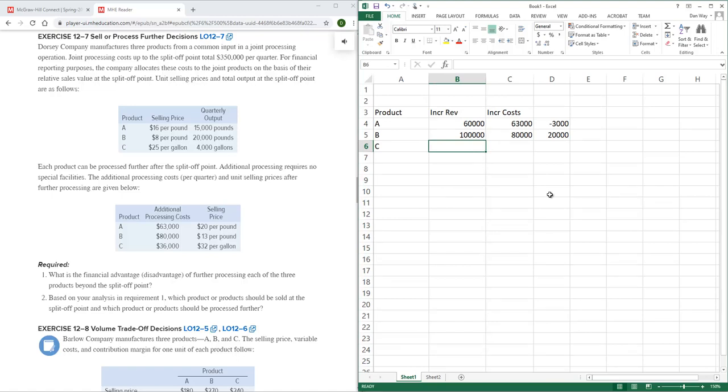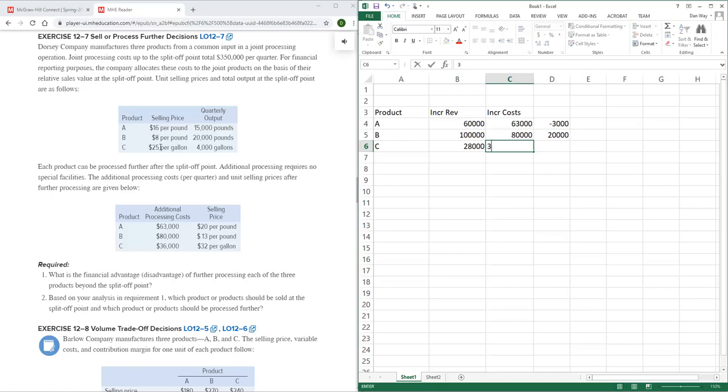And then product C, we've got incremental revenue of the $32 per gallon if we sell it after additional processing, minus the $25 per gallon selling price at split off, times the 4,000 gallons we produce each quarter, or a total of $28,000.